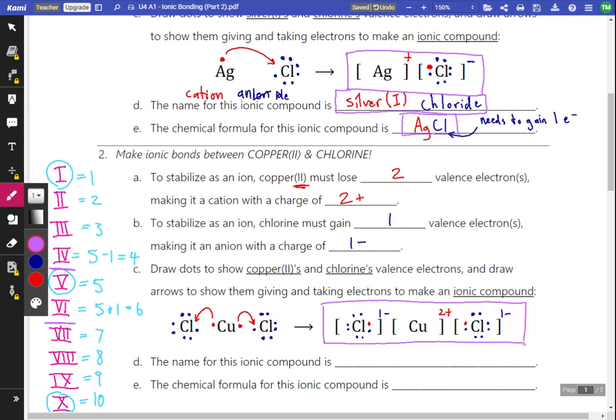So this is our ionic compound, right? And the attraction between the positive and the negative is the ionic bond that holds it together. To name this compound, again, we start with the cation, which is copper. And in order to tell how many electrons copper is going to give up in this case, 1 or 2 or 3 or 5 or whatever, we need to show the Roman numeral, which in this case is the Roman numeral for 2.